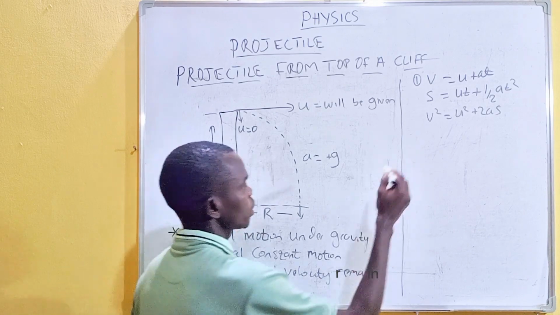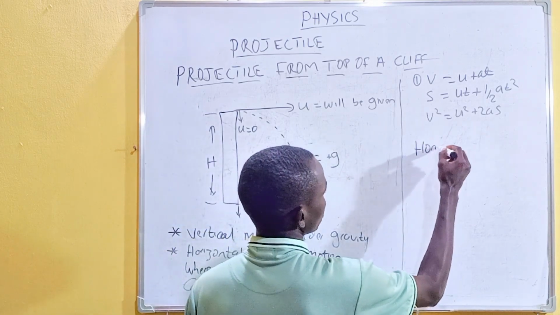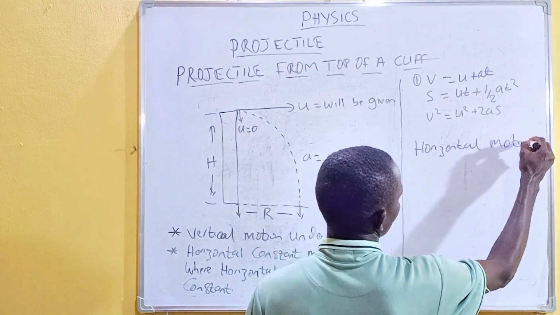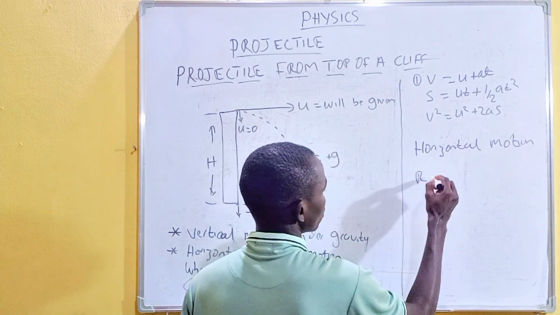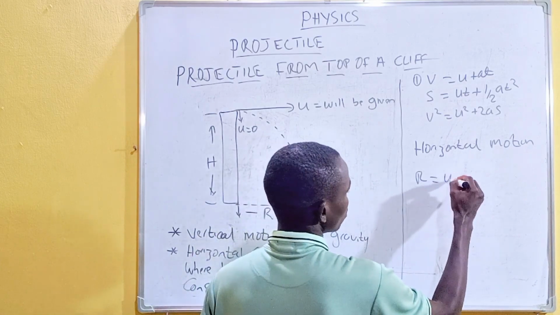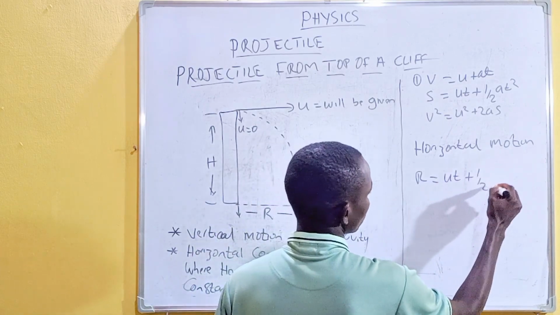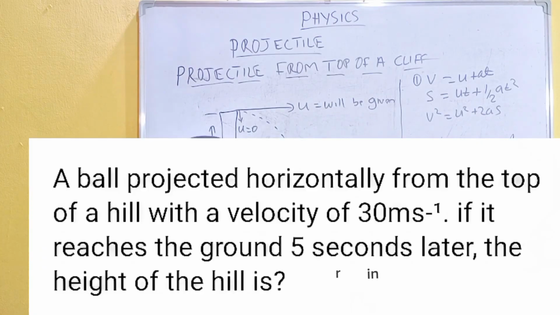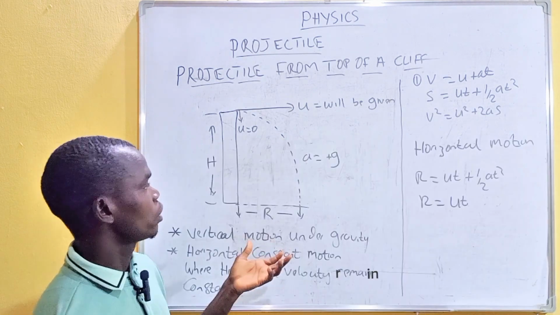If we are to consider the horizontal motion, range is equal to ut plus 1 over 2 at squared, and acceleration in the direction of the horizontal is equal to 0 since the velocity is constant. So range will be given as ut. This is what we use in calculating range.